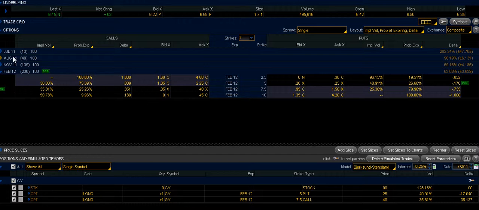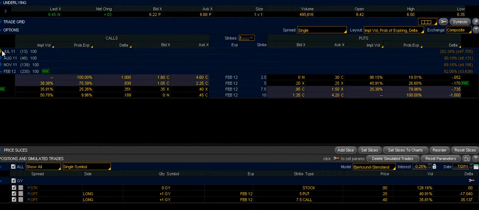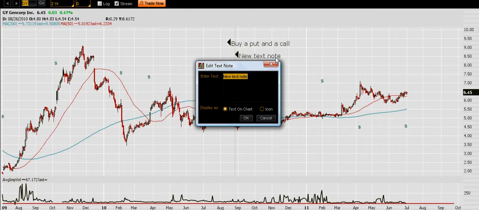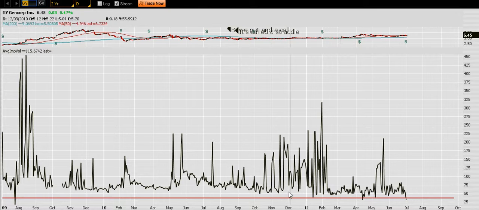You don't want that. Or like even out here, look, 88, 173, 230. You don't want that. You want something very low, because that means that you're getting a bargain. So yesterday, I bought a put, I bought a call. It's called a straddle.